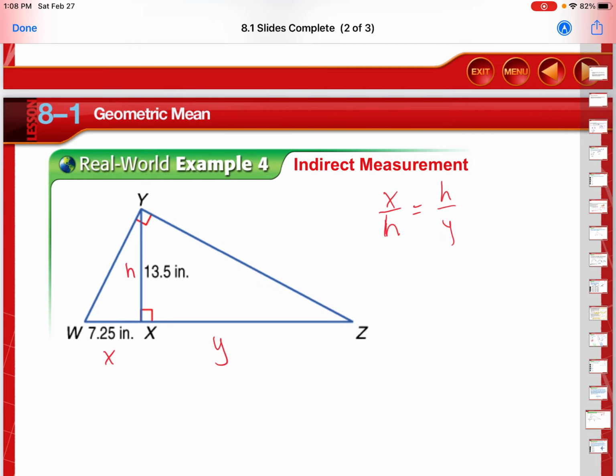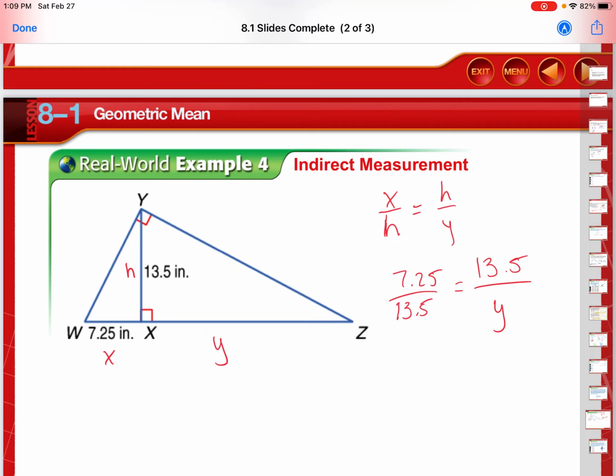Using that, we know what h is and we know what x is. So we're just going to substitute those values in, and we're going to have 7.25 over 13.5 equals 13.5 over y.